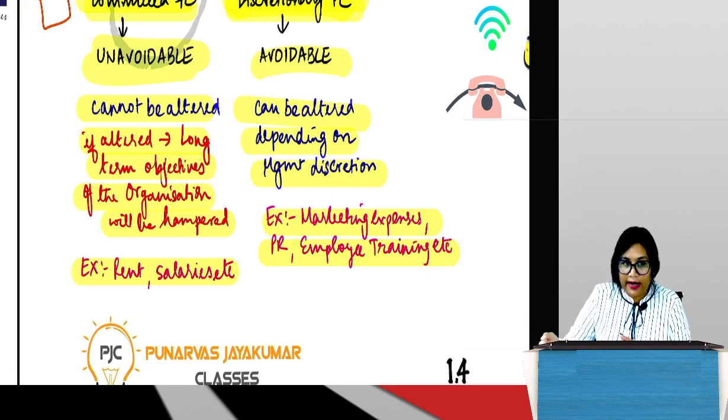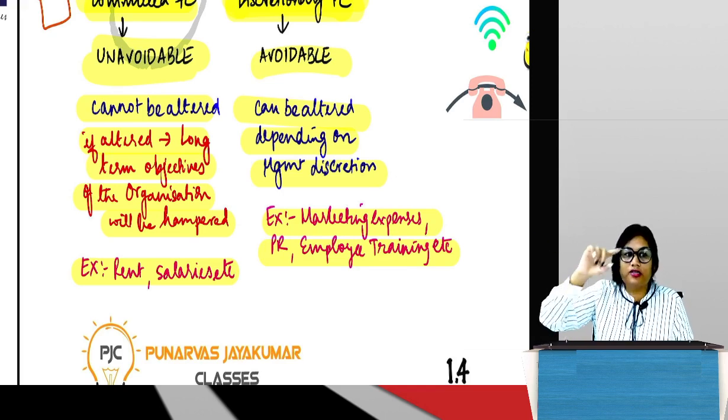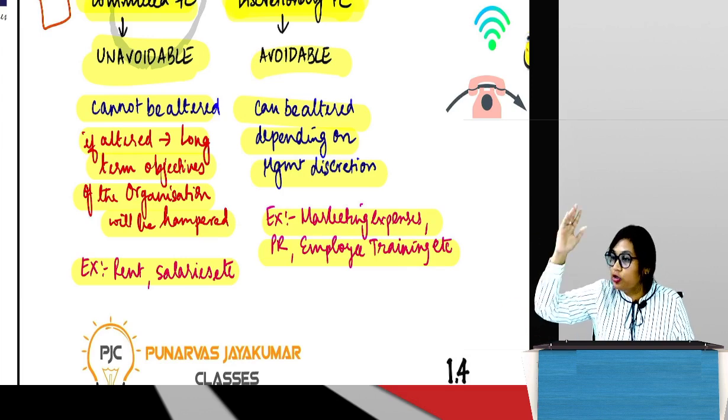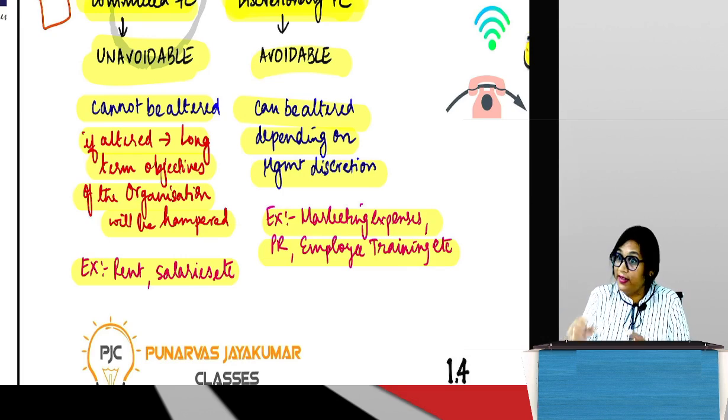If you write marketing expenses, employee training, that is there in the LMRC also, but you are not going to understand it later when you read. Please put the example in the form that I explained to you, that we are sending employees for the given quarter for training to Japan, then this happened, then this happened. Put it that way. Then you will be able to relate to it.